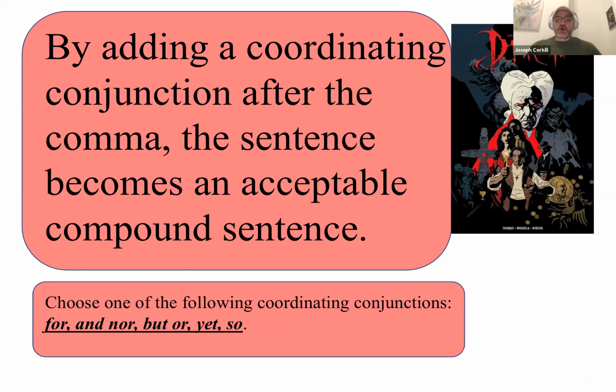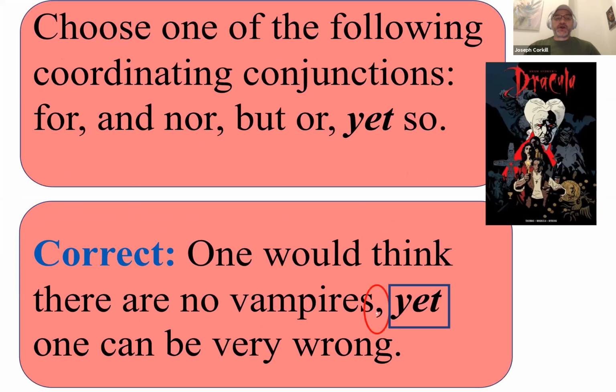Choose one of the following coordinating conjunctions: for, and, nor, but, or, yet, so. We placed it after the comma and corrected the sentence by making it a compound sentence. One would think there are no vampires, comma, we added yet, one can be very wrong.